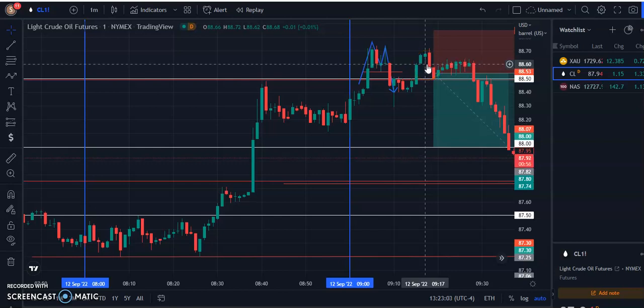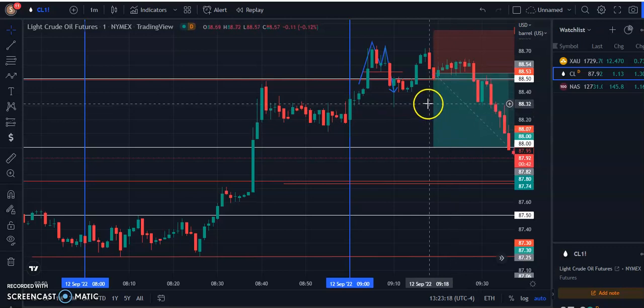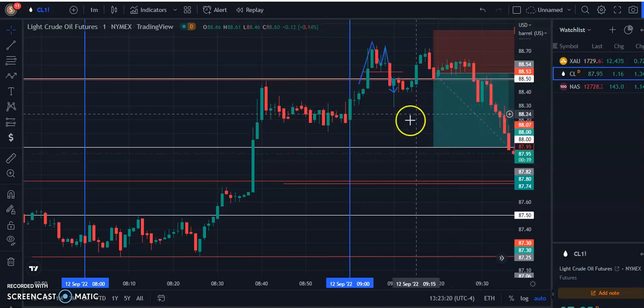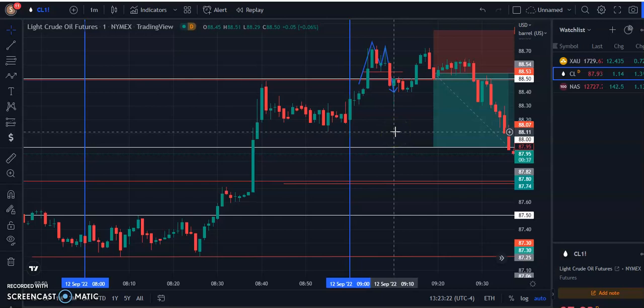That was my in. It was about 2 minutes after the open of the last candle before the market opens at 9:30. It was 9:18. But you can see that at the back of my mind, I knew that before 9:30 opens, we might be getting a stop hunt.